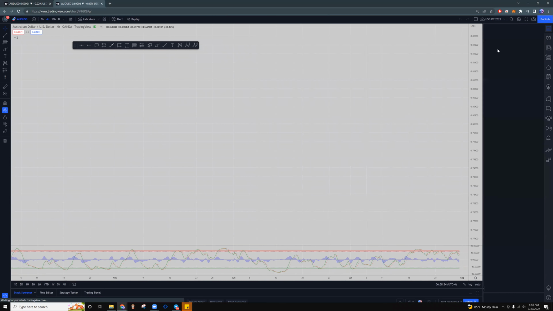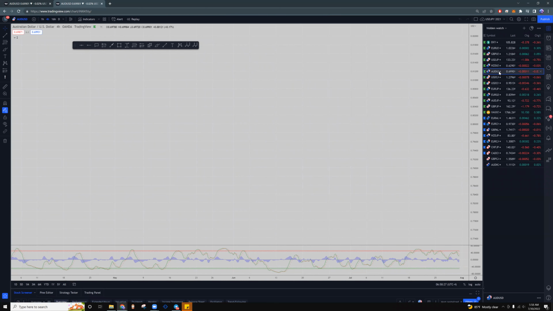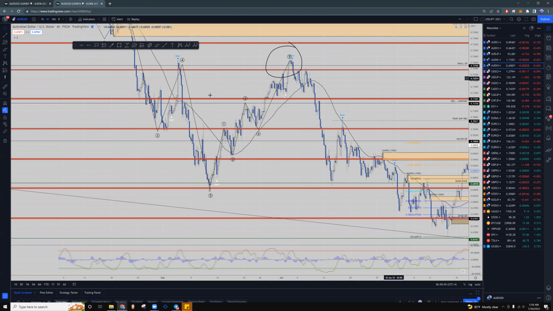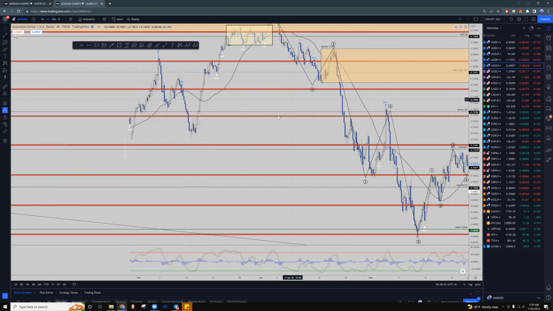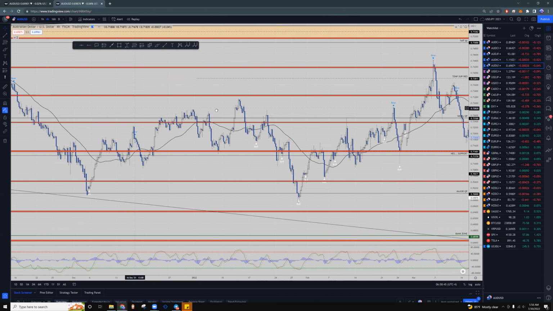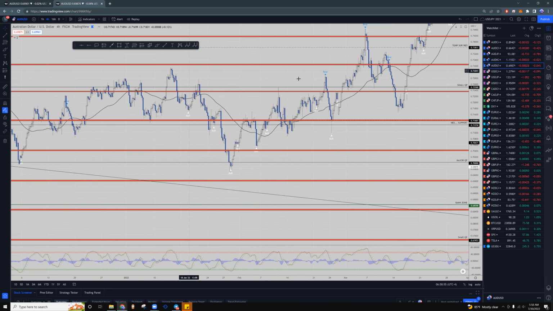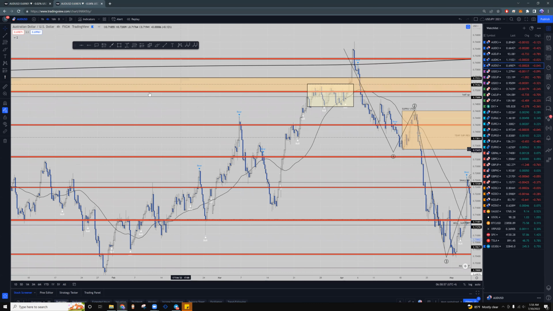So let's go back to AU and we'll do it on the... so we will drop it from here. That one's still frozen. Okay, cool. So we'll continue on this chart with the flow.